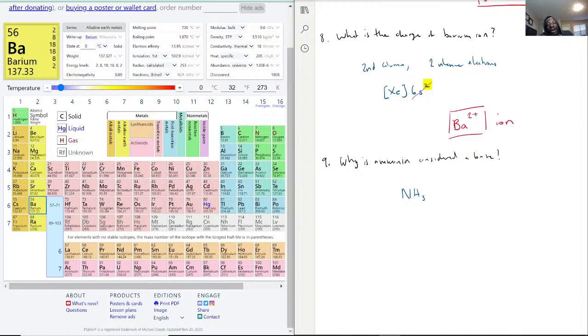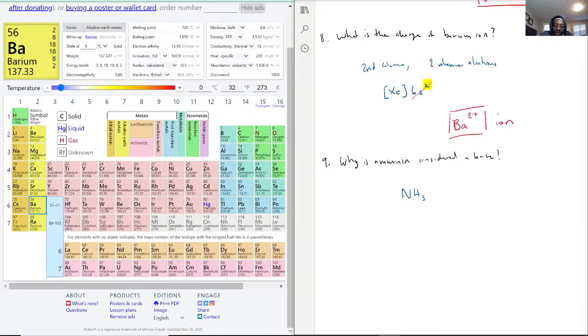Now to figure out why it's a base, we want to write it in its Lewis dot diagram, because that way we can see how it classifies as an acid or a base. This question is suggesting that it's most likely going to be a base, and I'll show you why.